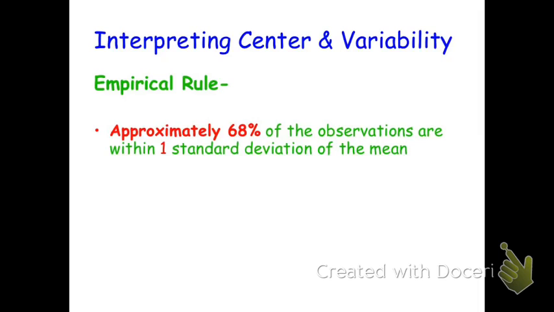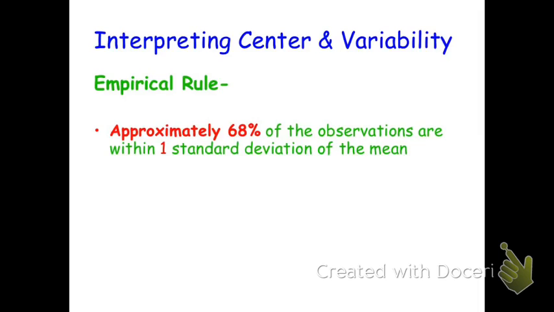So we take a test. I convert everyone's scores to be normally distributed. And if it were following the normal distribution rules, let's say the average was an 80, and the standard deviation was 4 points. So that means I subtract 4 and I add 4. If this were correct and it were a normal distribution, that would mean 68% of you, so almost 70%, scored between a 76 and an 84.